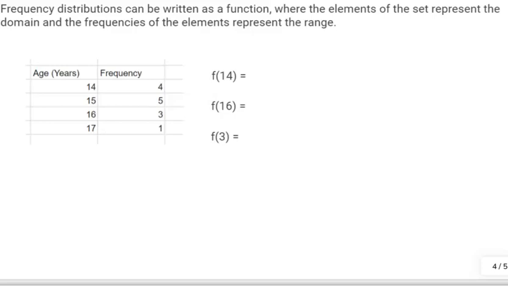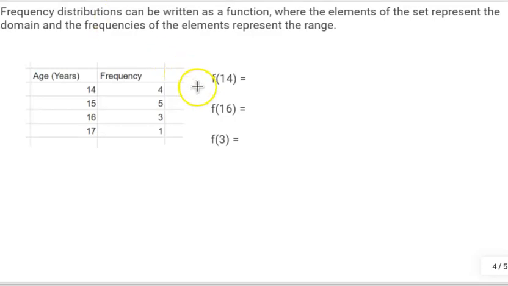All right, next quick thing that we need to know is that we can use function notation to represent data that is written in a frequency table. You can think of this just like your X column and your Y column. So if I'm asked to find f of 14, this is basically saying what is the frequency of 14.